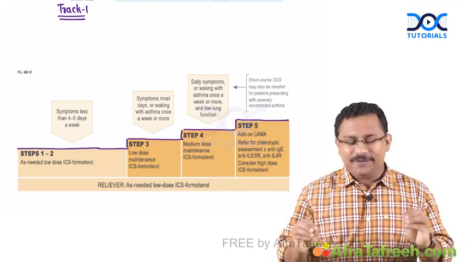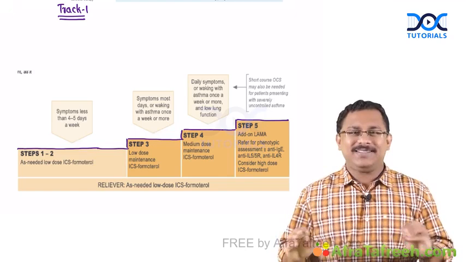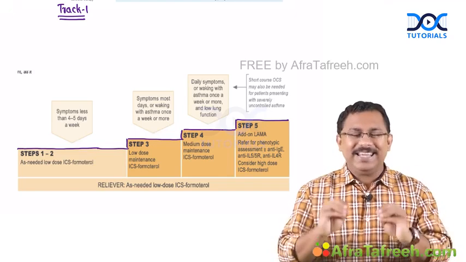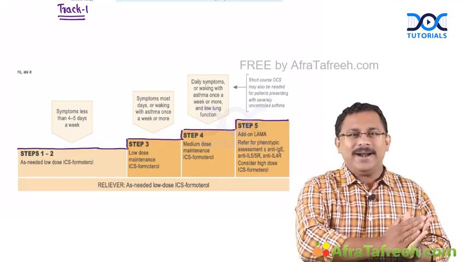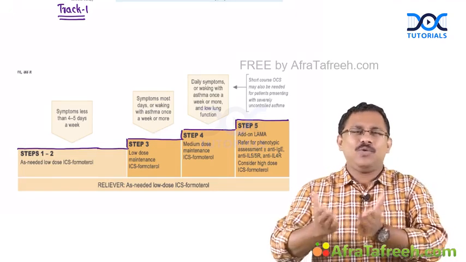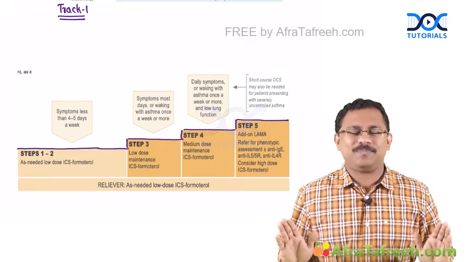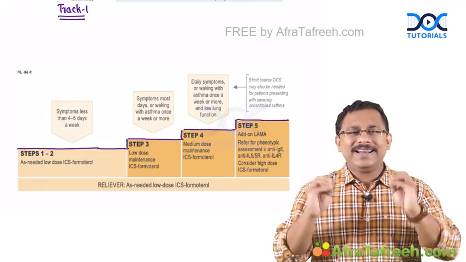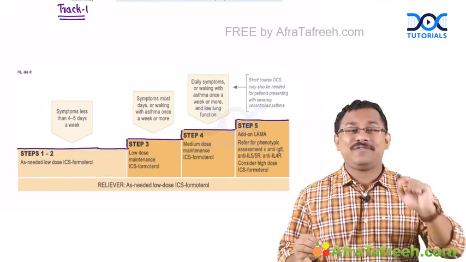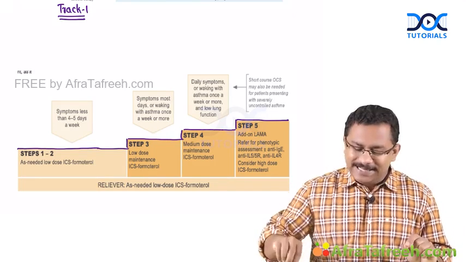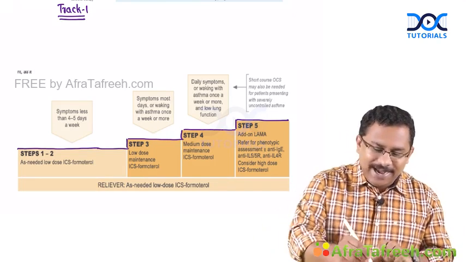Now, in case of the reliever or the rescue therapy, whether it be step 1, 2, 3, 4 or 5, whatever be the step, the preferred reliever therapy in track 1, remember I'm talking of track 1, is actually as needed.